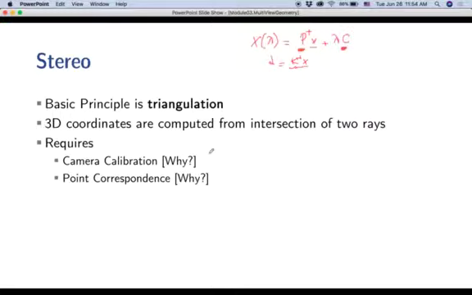You need to know that this point is the same as that point in the image. Why do you need that? Because the ray that I'm intersecting has to emanate from the same point. So these are two fundamental things that you need to be able to do stereo. You need a method for point correspondence, and you need to calibrate your cameras, and then you will be able to do stereo. Okay, is that clear?